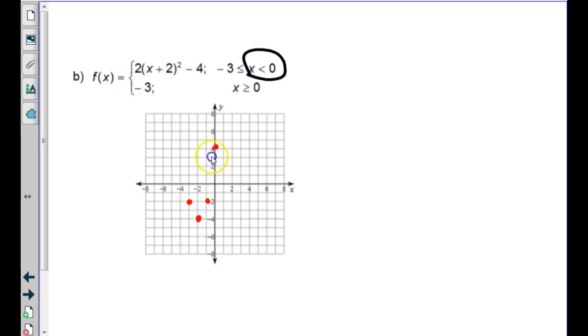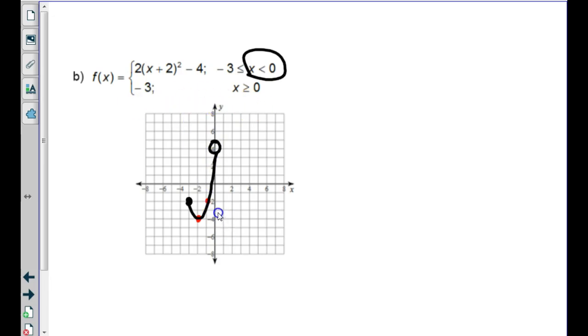When I put in a 0, which I think gave me out a 4, someone could be checking me, this was solid. This one should be open and at 4. Mine isn't. Okay. And then this one, where's that at?